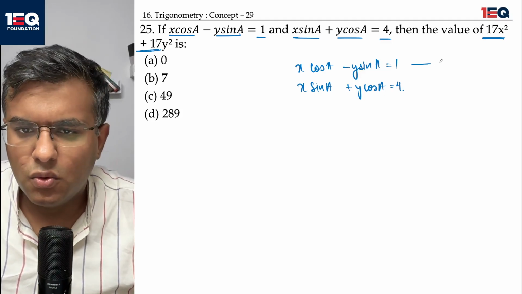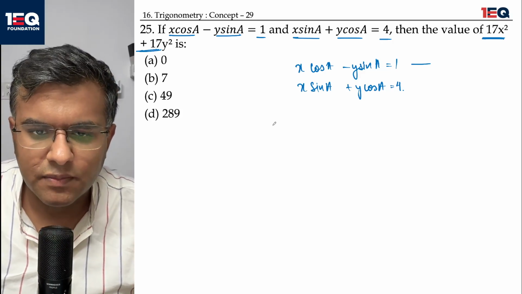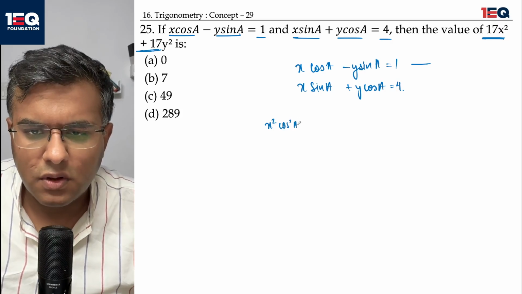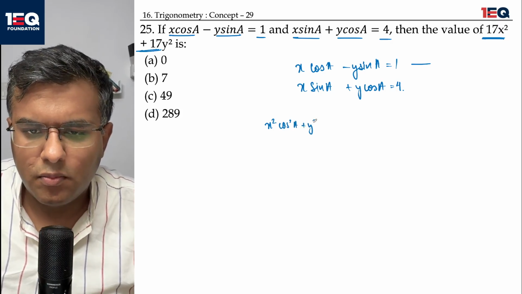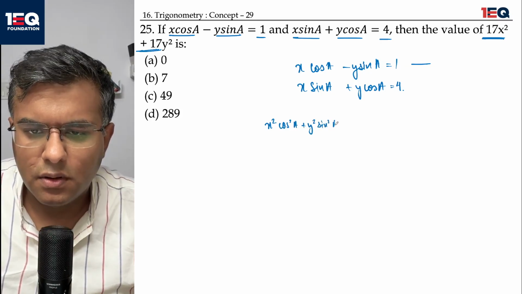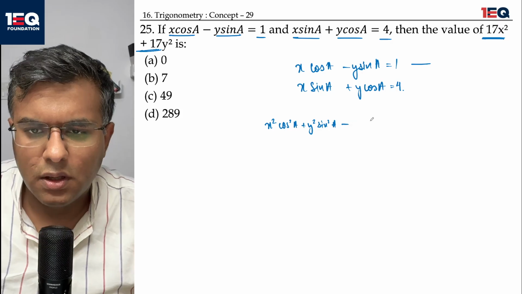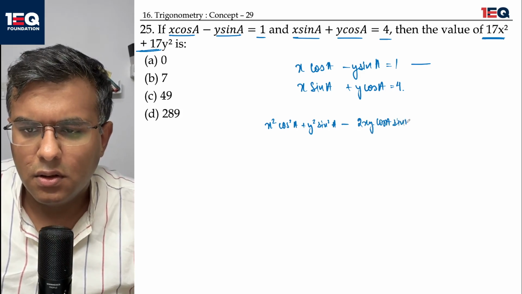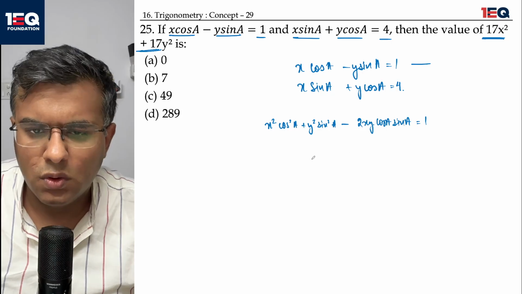Let me do the squaring both sides first. Then I would get x square cos square a plus y square sin square a minus 2xy cos a sin a being equal to 1.